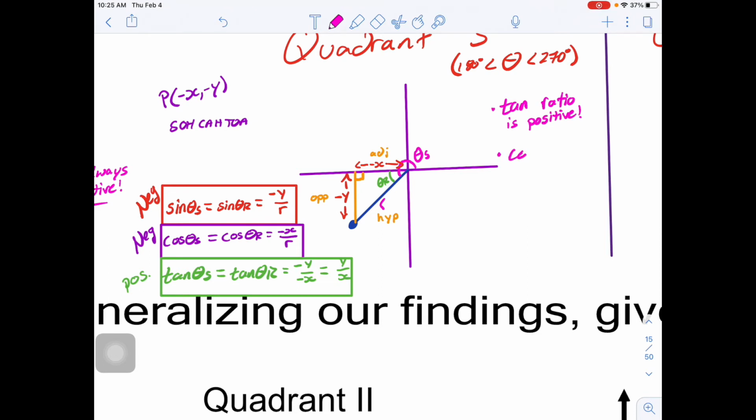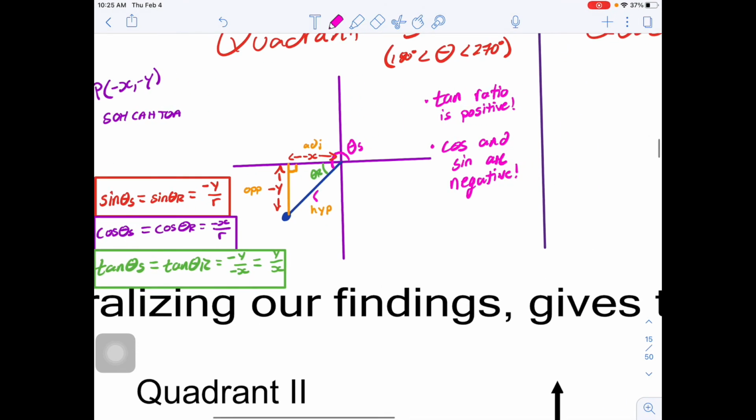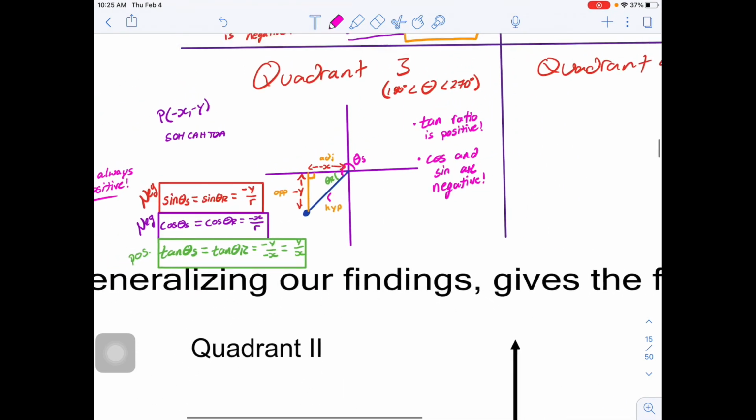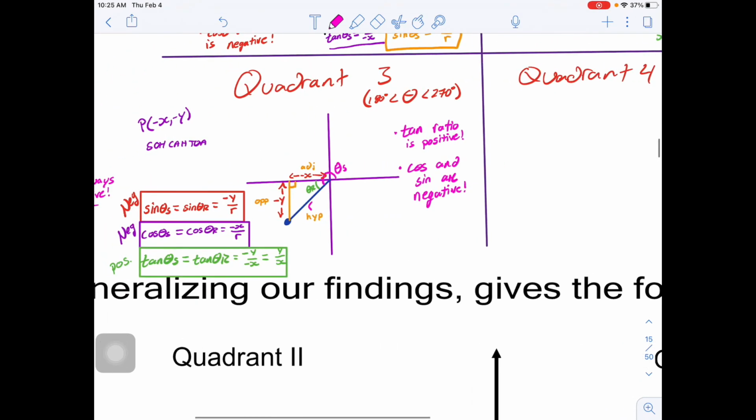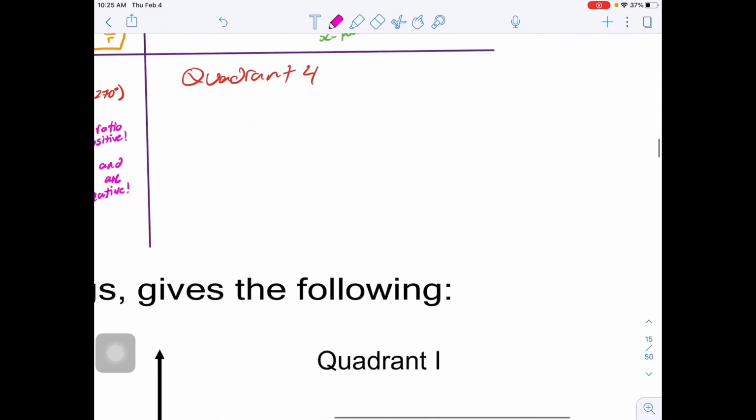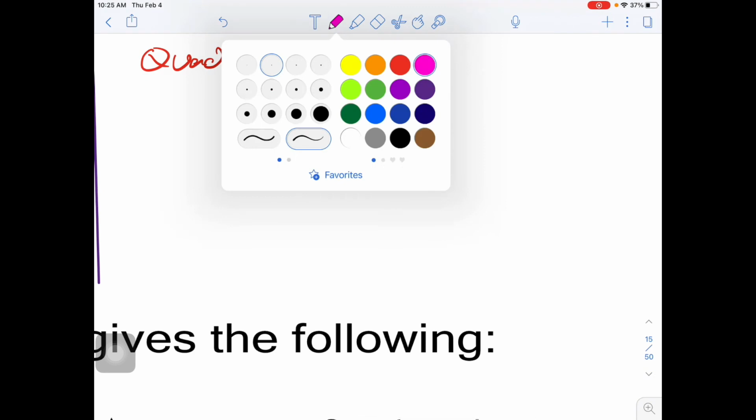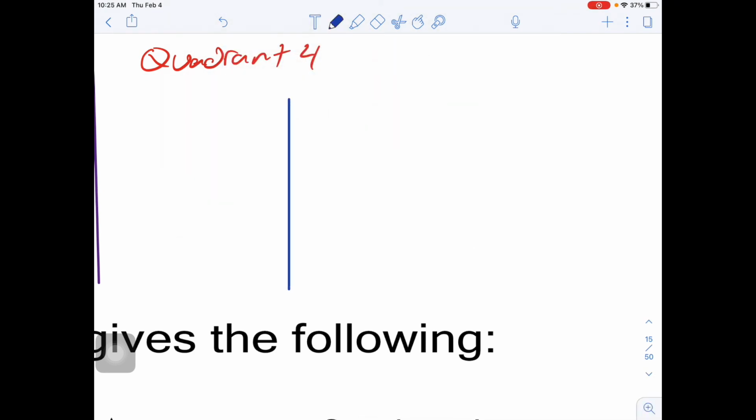Whereas cos and sine are negative. Okay. And then hopefully by this point, you might be able to actually understand what quadrant 4 is based on what we've done here.